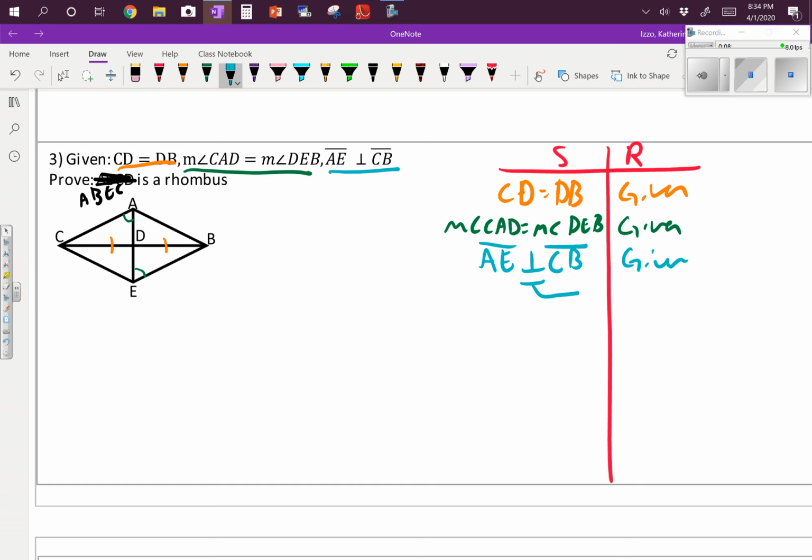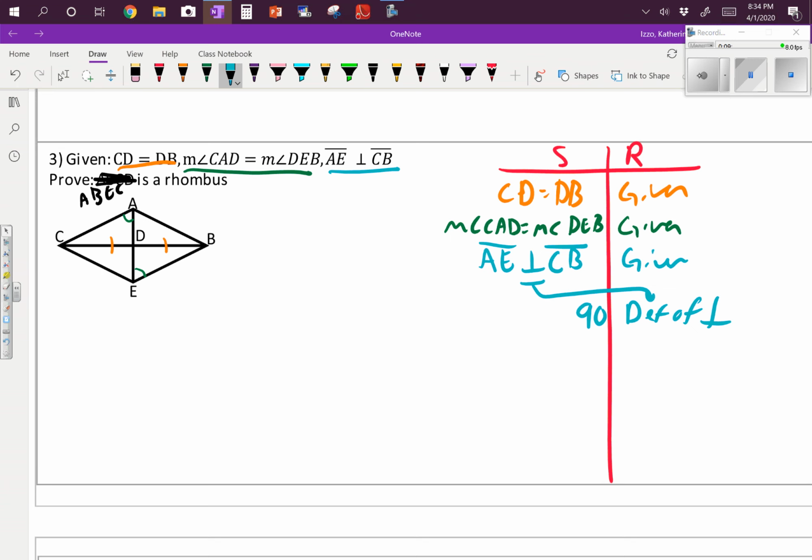Given, of course, perpendicular means, by the definition of perpendicular, there better be a 90-degree angle somewhere. That's AE and CB, which means there are actually going to be 4 different angles at D, all equal to each other. They're going to be perpendicular.